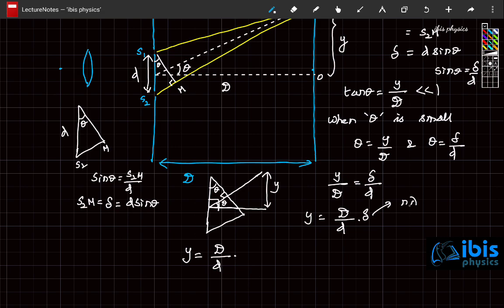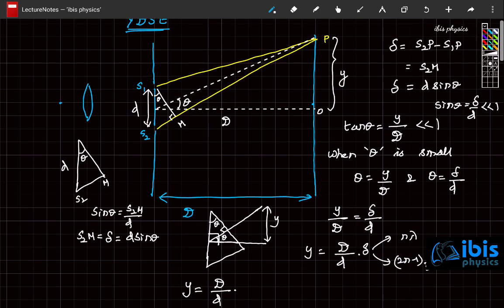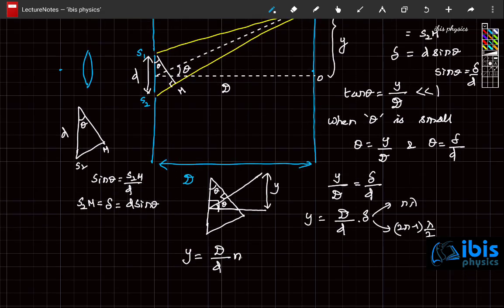If delta is n lambda, that is constructive interference. If delta is (2n minus 1) into lambda by 2, that's destructive interference. If this point is going to be bright, it will satisfy the condition delta equal to n lambda at that position y. The nth lambda means the nth bright fringe, because n lambda is the condition for constructive interference, so it's the nth bright fringe.